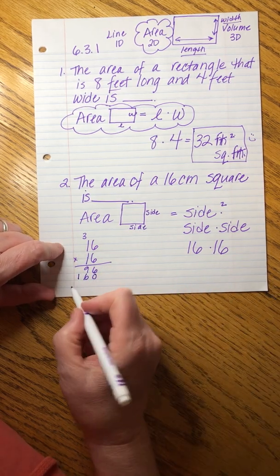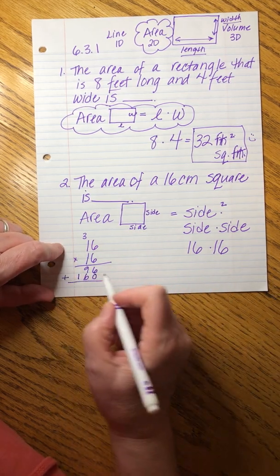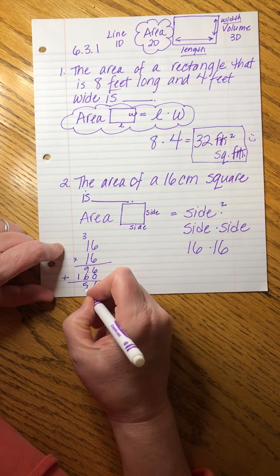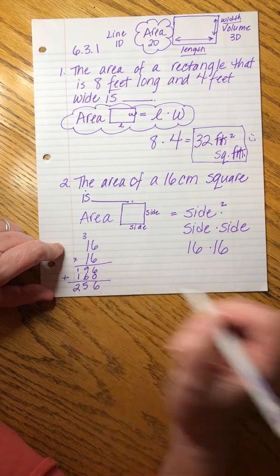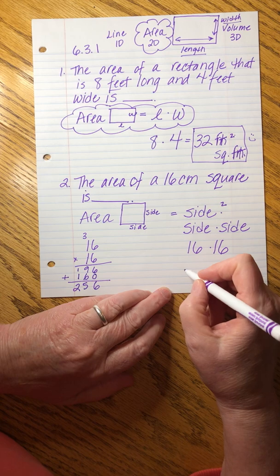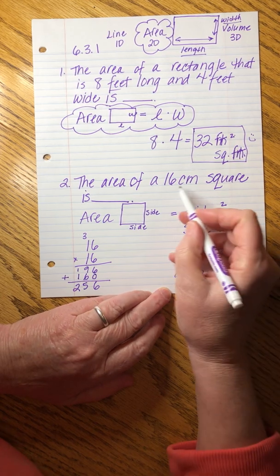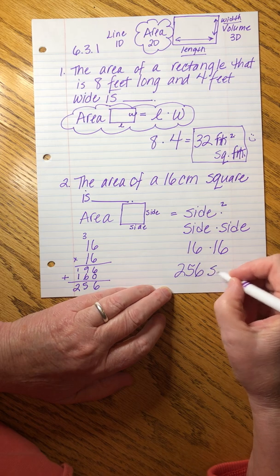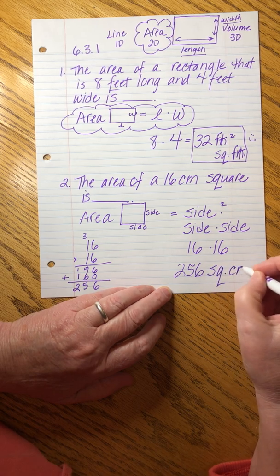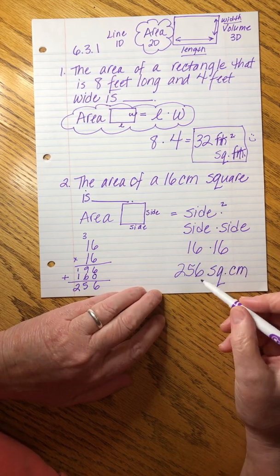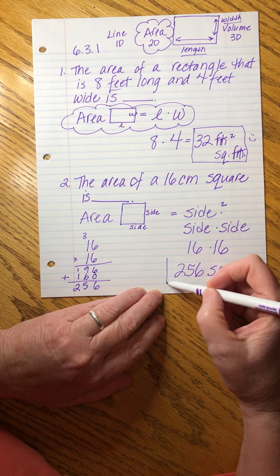We've got everything multiplied, and now our last step is to add. 6, 5, 2. So our answer is 256 square centimeters, which is the right answer for this one.